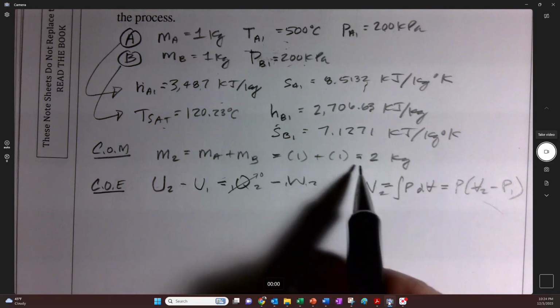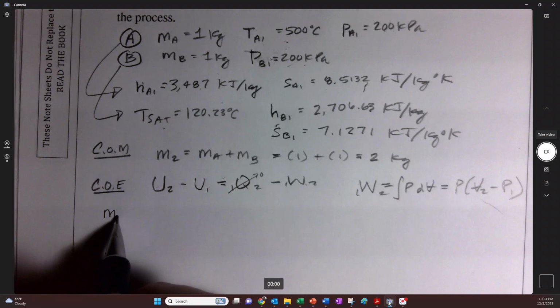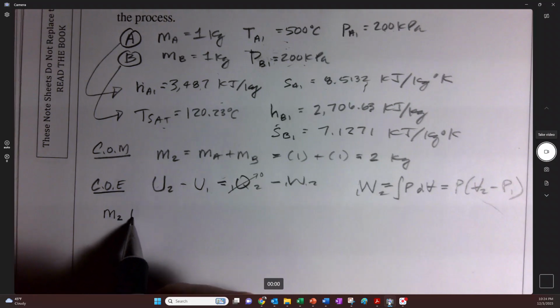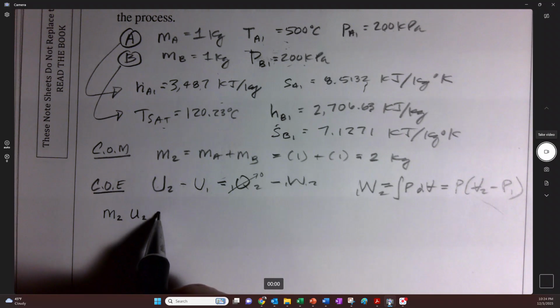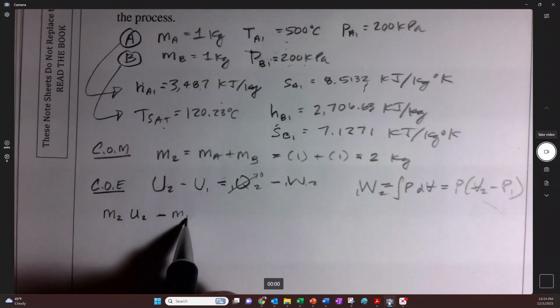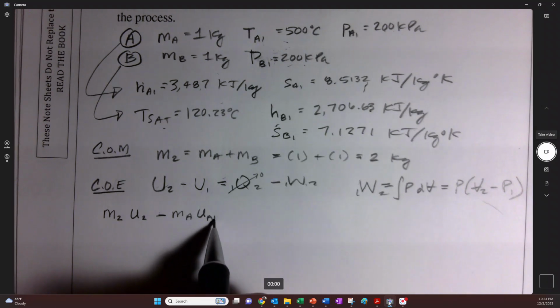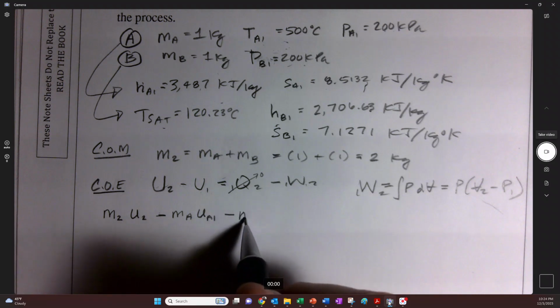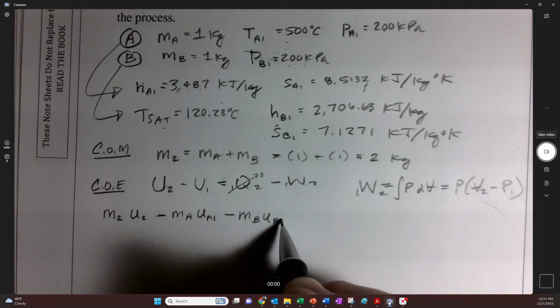So if we were going to try to put this thing together, we would say M2 times U2 is going to be, I didn't plan ahead for this, minus MA UA1 minus MB UB1.